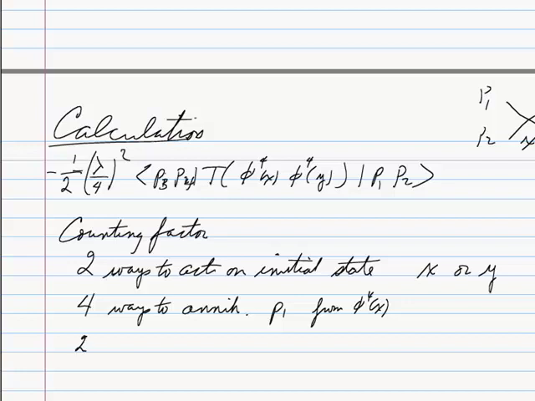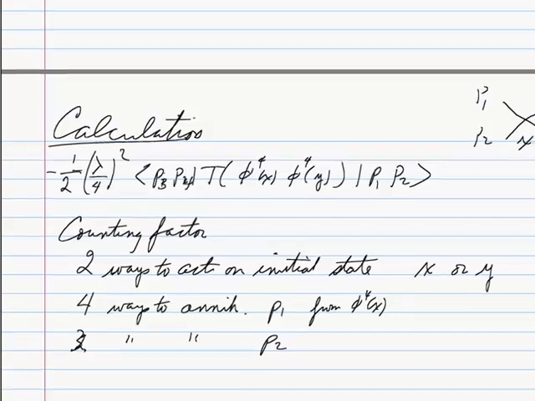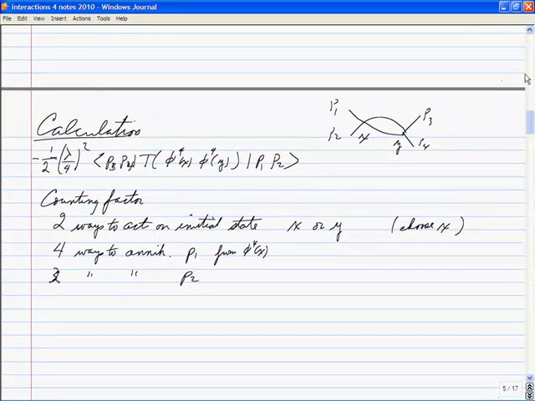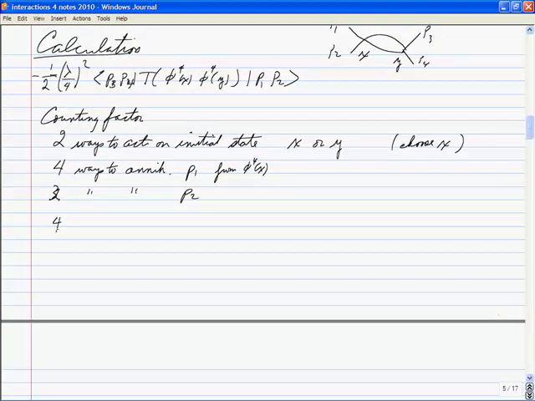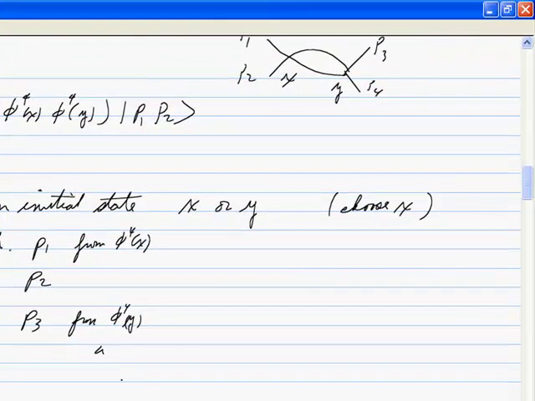There are then 3 ways to annihilate P2 from that one. While I'm at it, let's do the counting factors in the final state the same way. There are 4 ways to create P3, and then 3 ways to create P4.